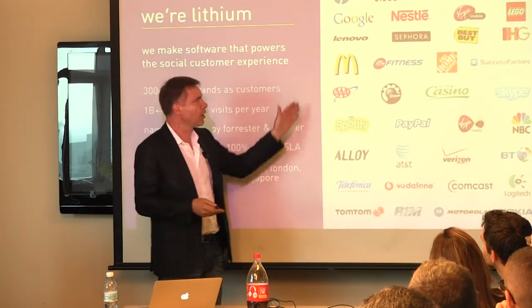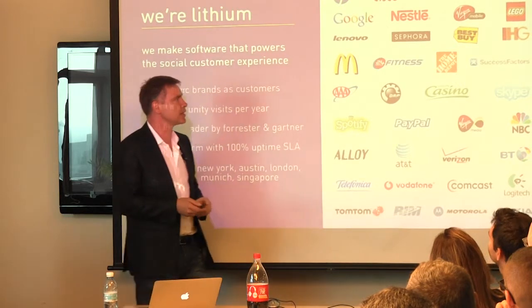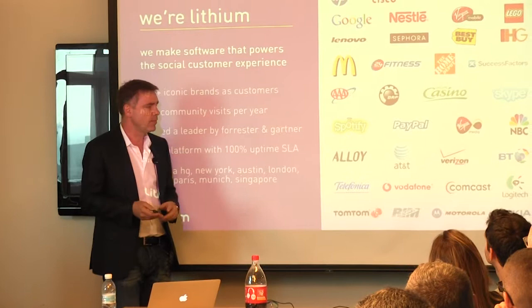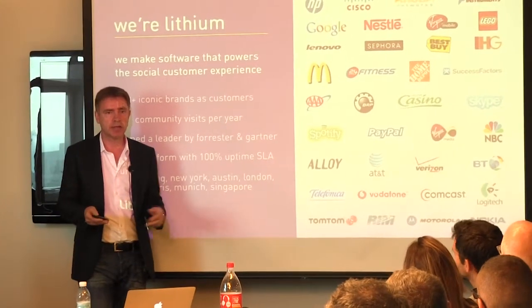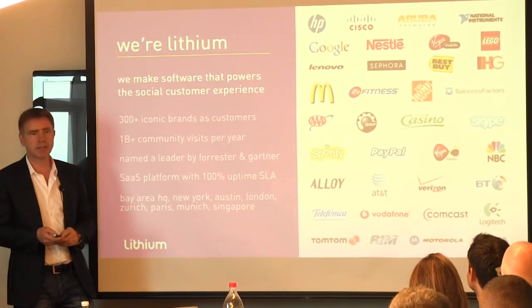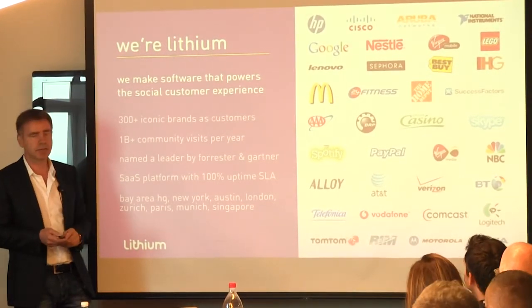We have a lot of famous customers in Europe, like Lego, the Royal Bank of Scotland, Telefonica, and Deutsche Telekom. All of the very big customers in Europe are already customers of Lithium.